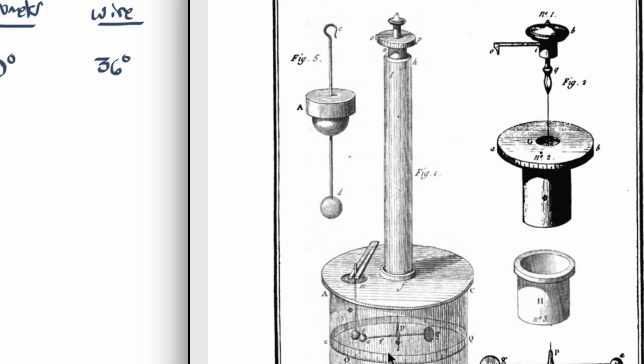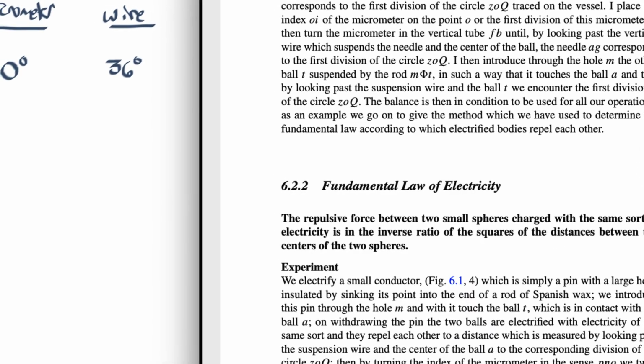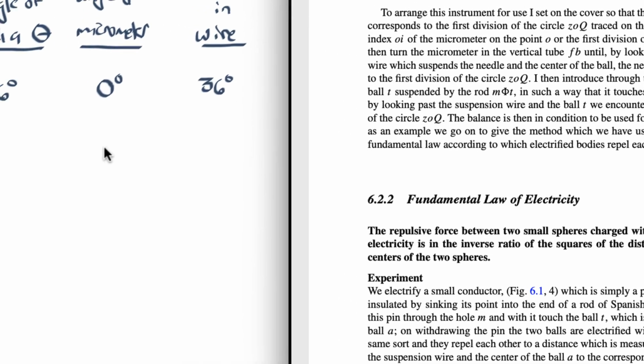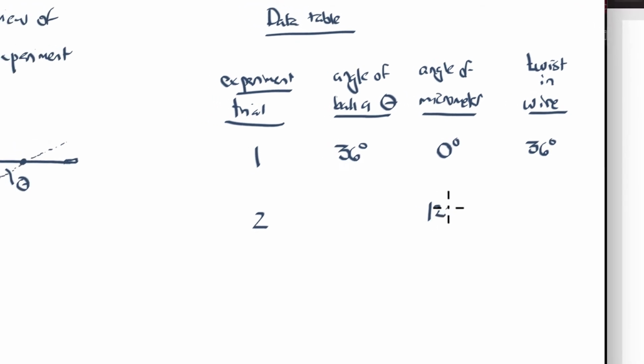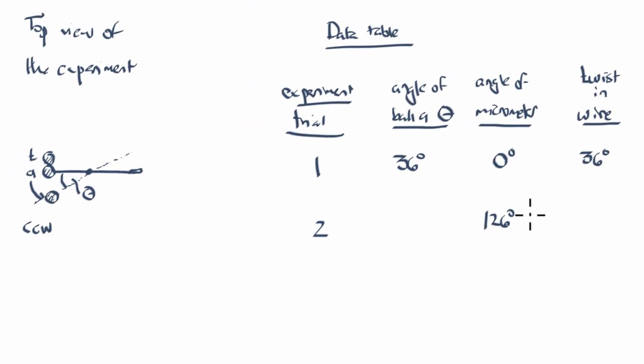And when he does so, the wire is twisting so as to bring this ball A back toward ball T. Okay, and after he has twisted the suspension wire by 126 degrees, so the micrometer is twisted by 126 degrees, and he does that, I should say here, in the clockwise direction. Then what happens is this ball A moves back toward ball T so that now it stands at 18 degrees apart. All right?